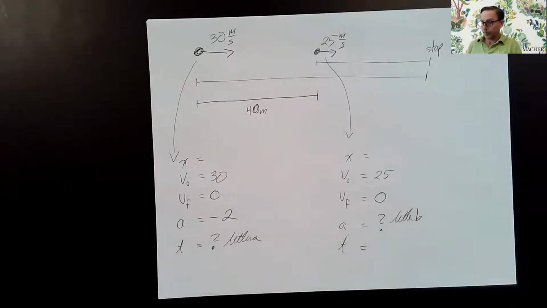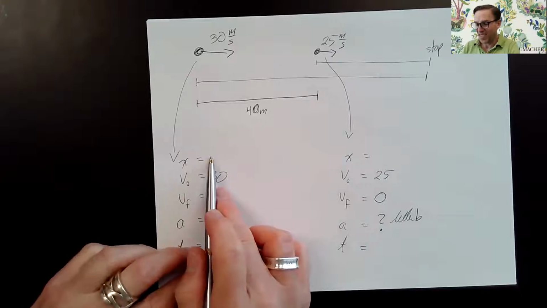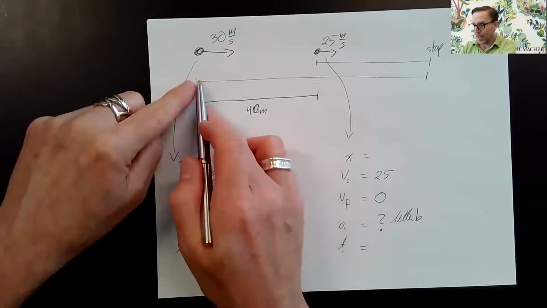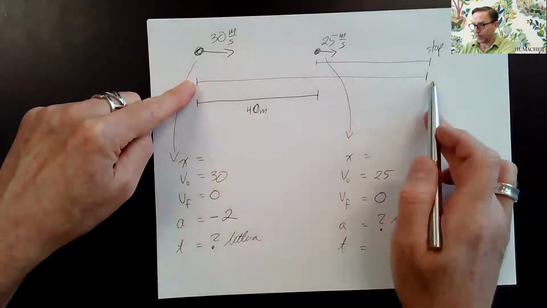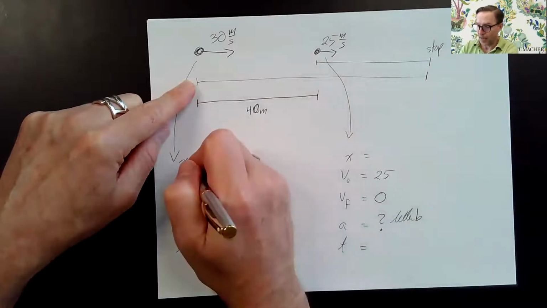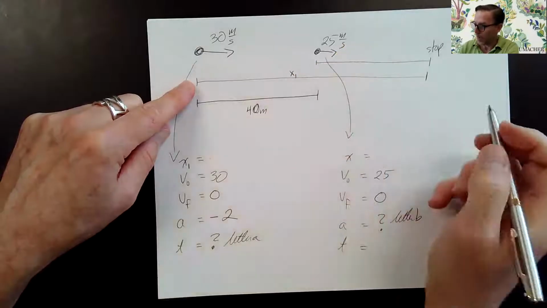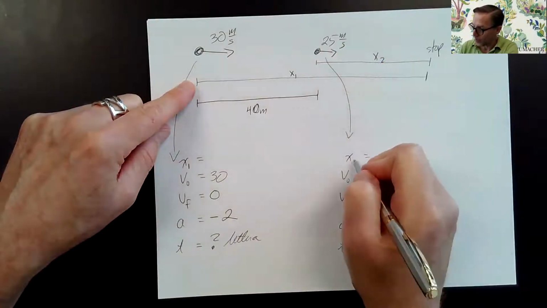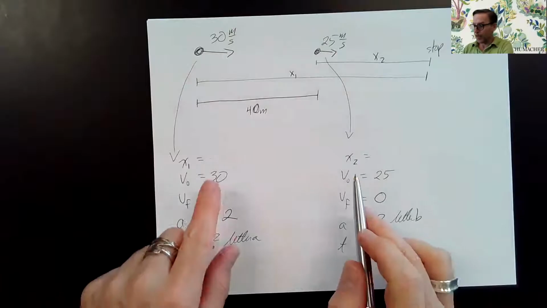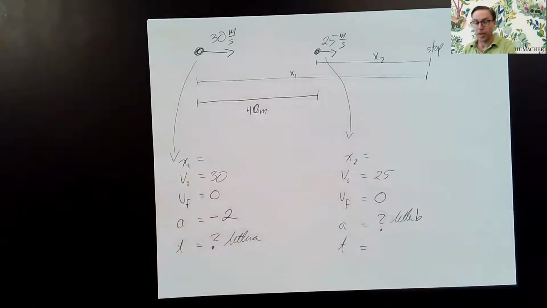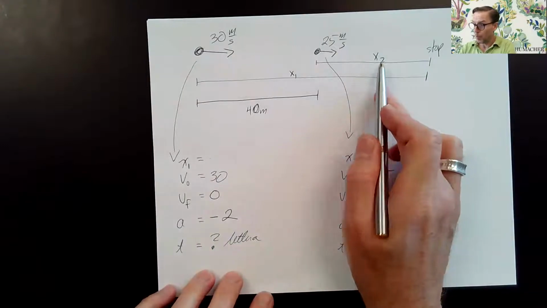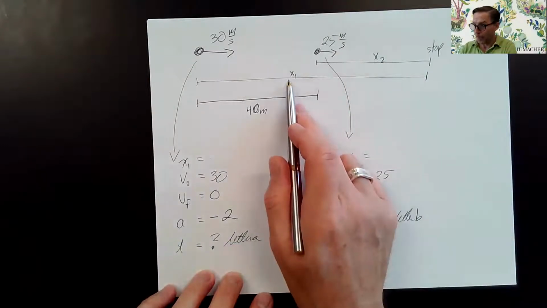Now, once I find this distance, I'm going to call this x1, and I'm going to label it x1. I'm going to call this x2. Did these two, x1 and x2, have a relationship? Yes, they do. x2 plus 40 is x1.